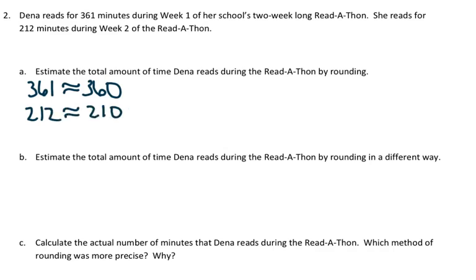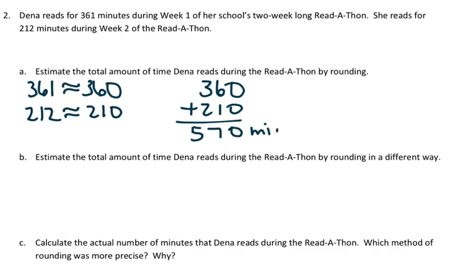Okay, so the total amount would be 360 plus 210, which is 570 minutes. Okay. So now it says estimate the total amount of time Dina reads during the readathon by rounding in a different way.